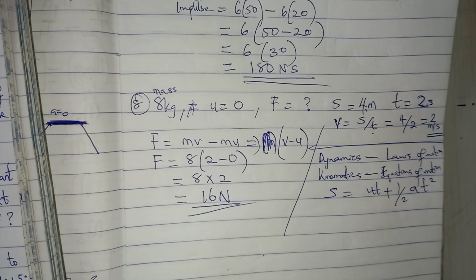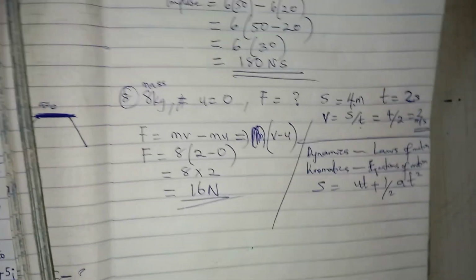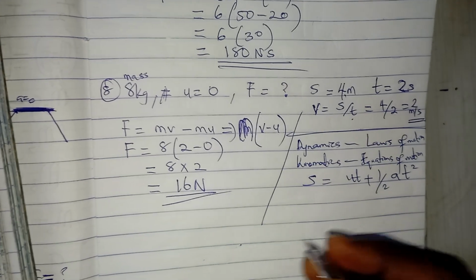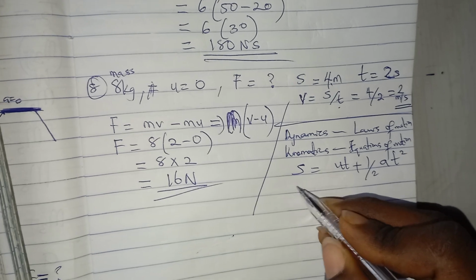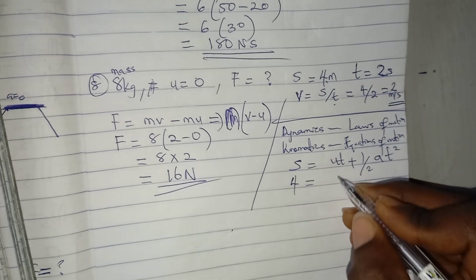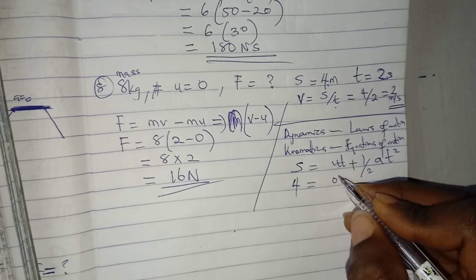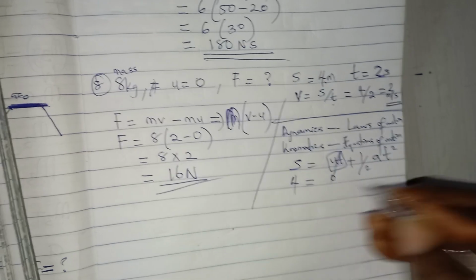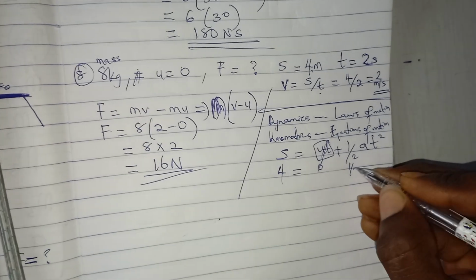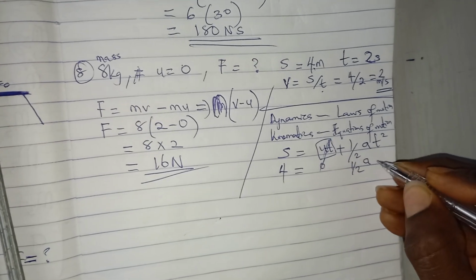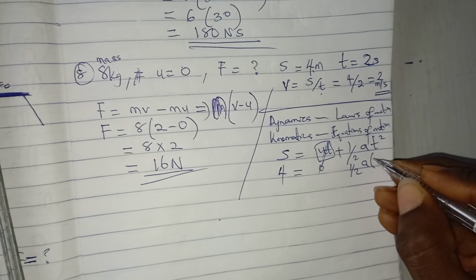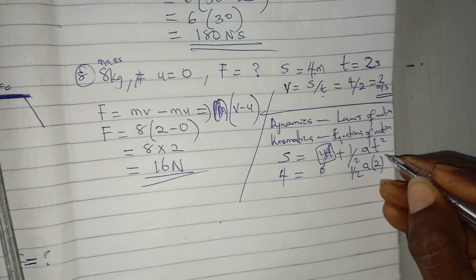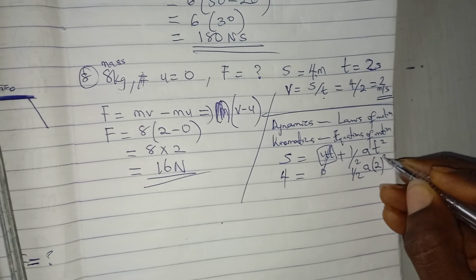Yes. And a is not given, but let's see what we can do there. We have s here is 4. Then u is 0 times t, it becomes 0. Everything here will cancel. Now, half a, we don't know. But t, they gave us t to be 2 seconds, so raised to power 2.